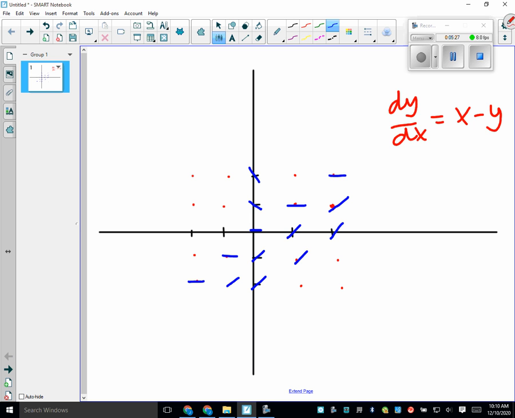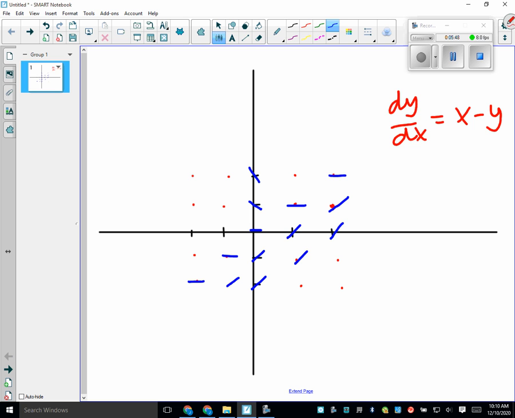It's hard to tell much difference between 1 and 2, isn't it? Yes. Why isn't it missing on 2, 1? Because if x is 2 and y is 1, 2 minus 1 is 1. Right?